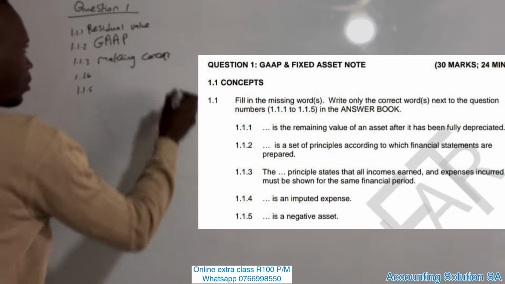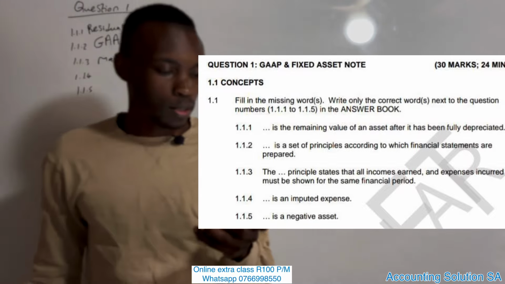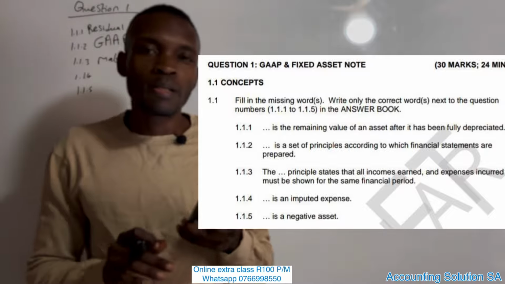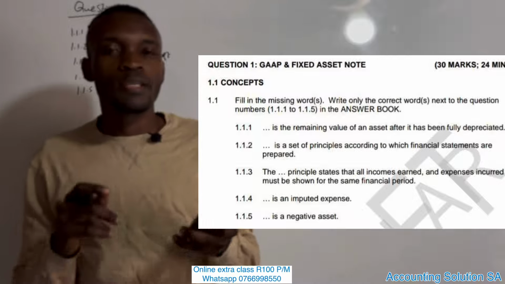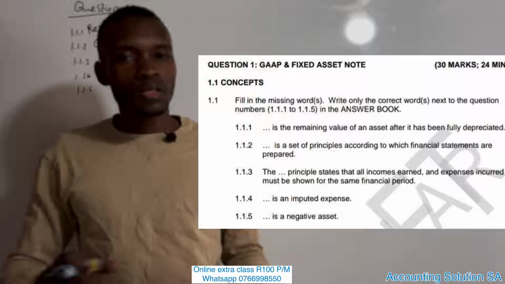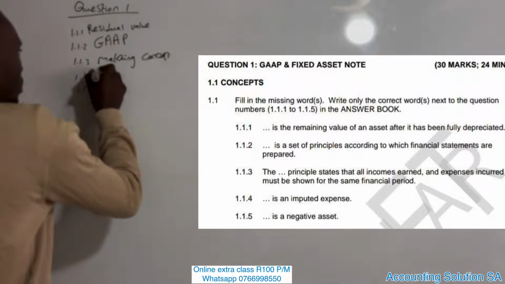Then the next one is imputed expense. Which expense, whether we like it or not, we must calculate it. It's depreciation. Guys, remember, once you bought a vehicle, whether you are using it or not, it's going to depreciate. So it's depreciation.